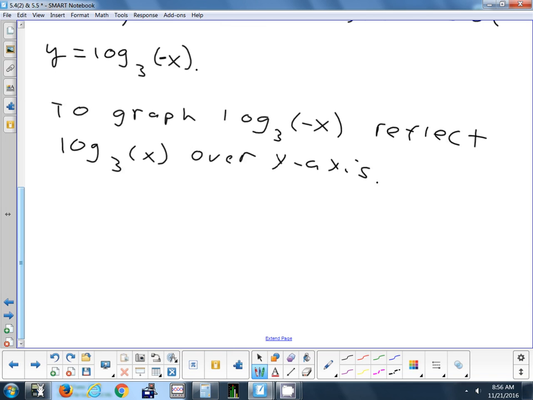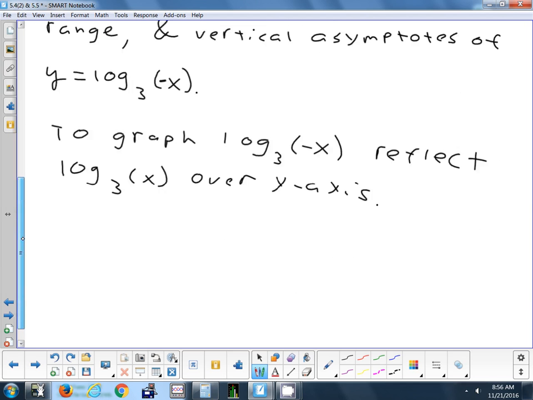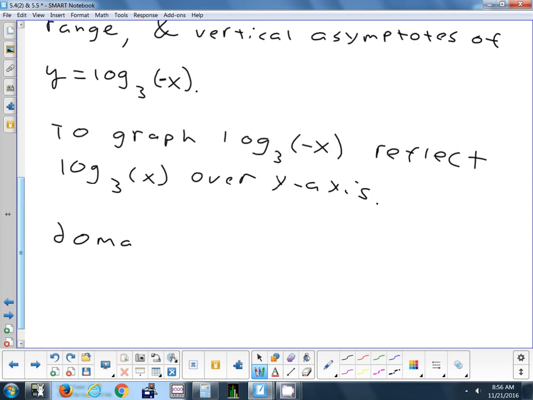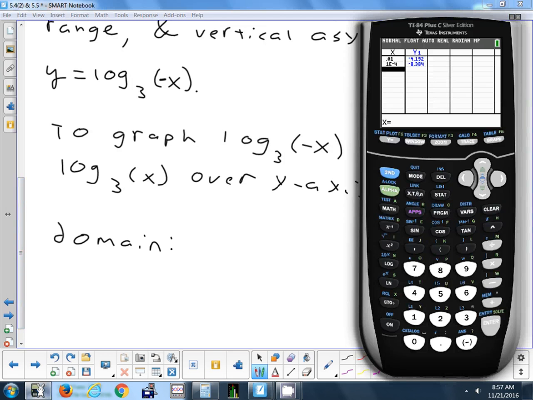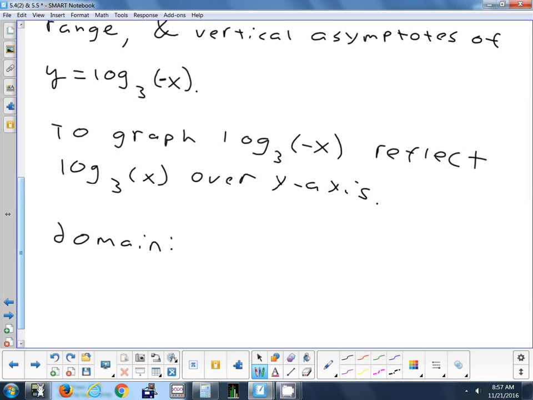Now we already know the domain and range of log base 3, so I want you to think about what it would be if you reflect it over the y-axis. Think about how it looks, the original. What would the domain be if you reflect that over the y-axis? It would be from negative infinity to 0.